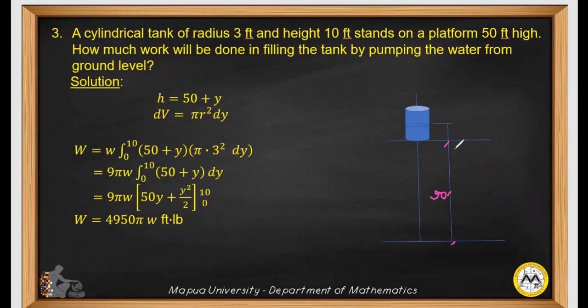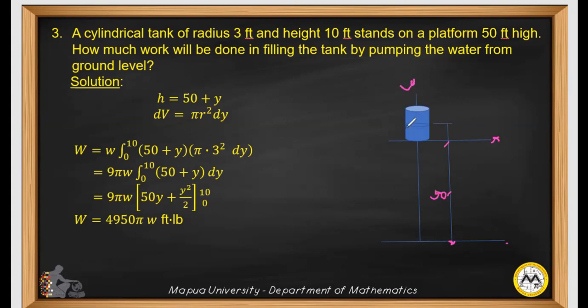Now, the question is, how much work will be done in filling the tank by pumping water from the ground level? So the source of water is on the ground level. This is the platform and this is the circular tank. Now, it will be more convenient this time if we let this be the x-axis and this be the y-axis.